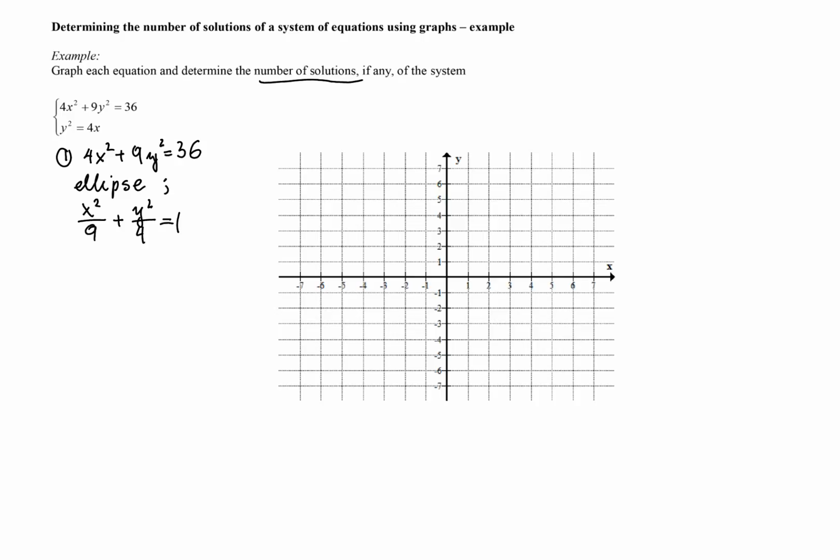And therefore, we can clearly say that the center of the ellipse is at the point (0, 0). To graph that ellipse, we need to find the x and y intercepts.